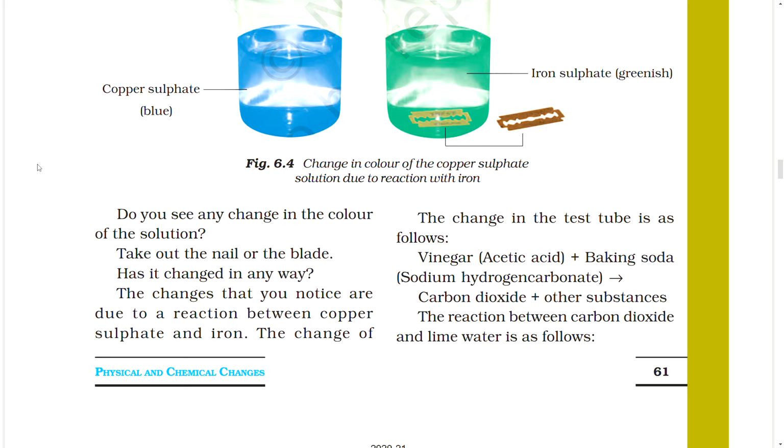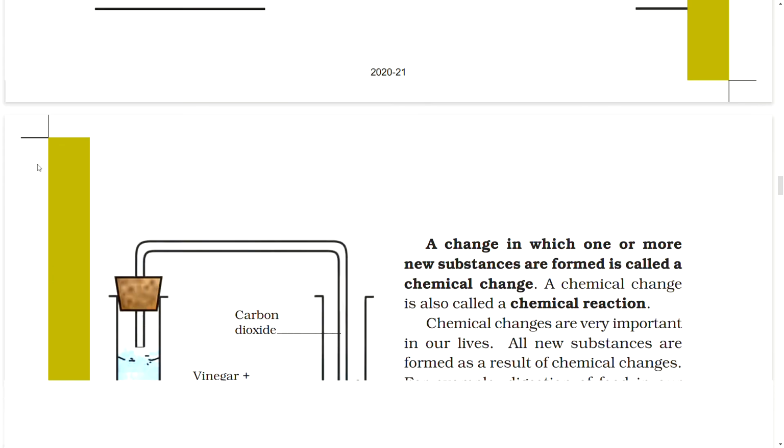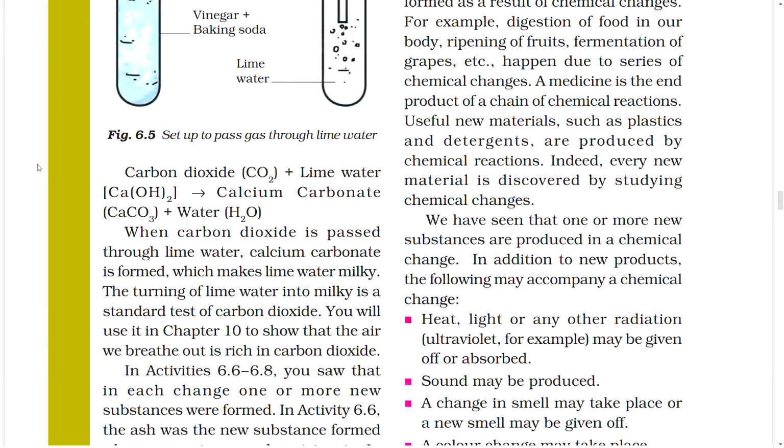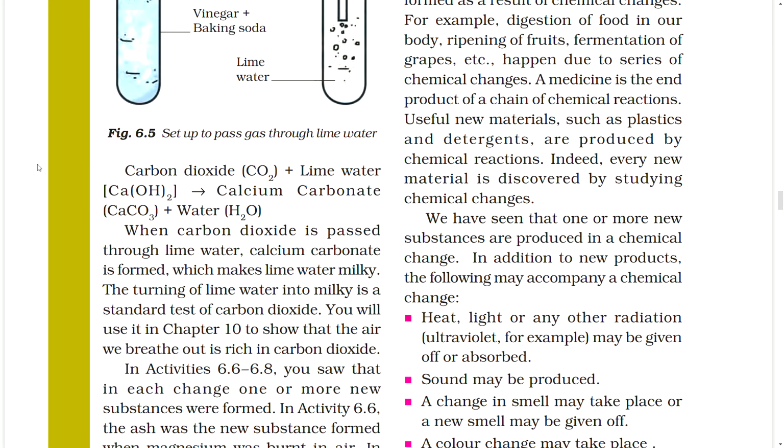The reaction between carbon dioxide and lime water is as follows. Figure: set up to pass gas through lime water. Carbon dioxide, CO2, plus lime water, Ca(OH)2, becomes calcium carbonate, CaCO3, plus water, H2O.